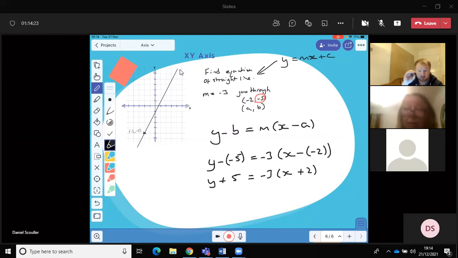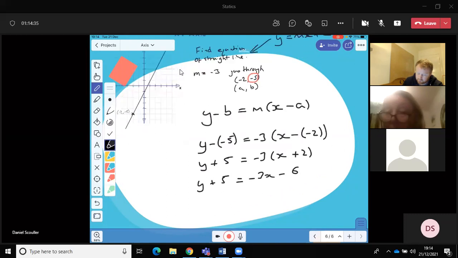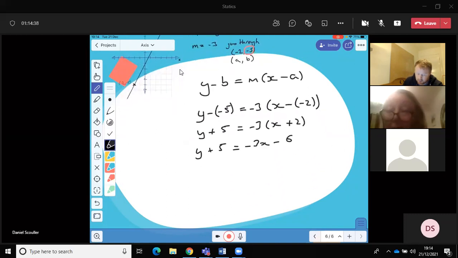Now I'm going to split up that bracket, and then we want to leave y on the left-hand side on its own. Tidy it up, collect like terms.